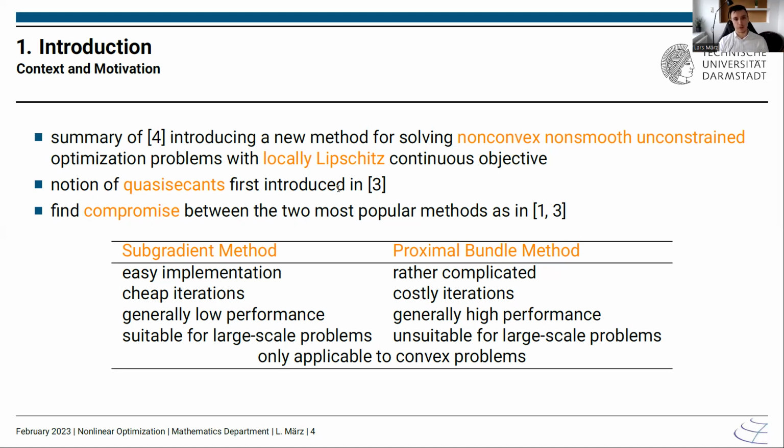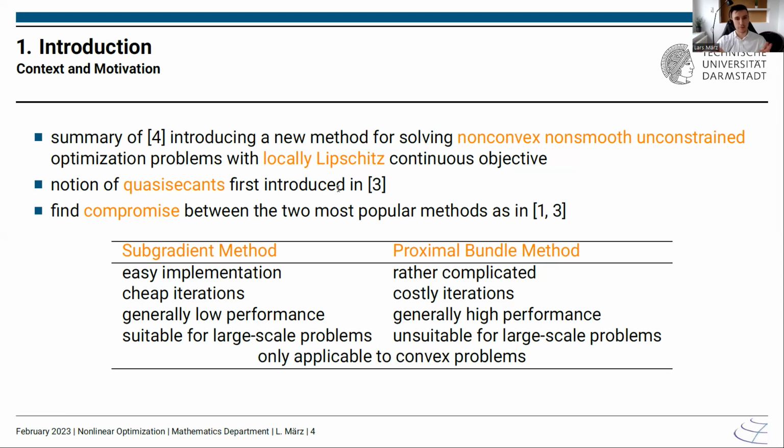So the subgradient method, as you might remember, is a generalization of the method of steepest descent to non-smooth problems, just replacing the gradient with subgradients. It's easy to implement and has cheap iterations, but in general it has low performance because it has the same problems as the method of steepest descent.